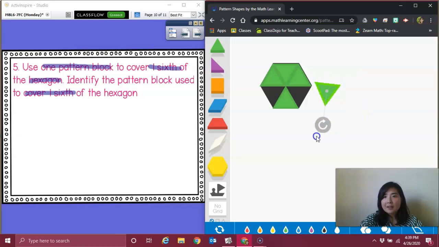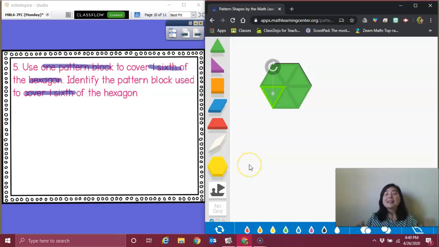I think if I flip this over like this, I could fit that one right there. And if I flip this one over like this, I could fit that one right there. Now, I was able to make 6 equal pieces inside of this hexagon using triangles.